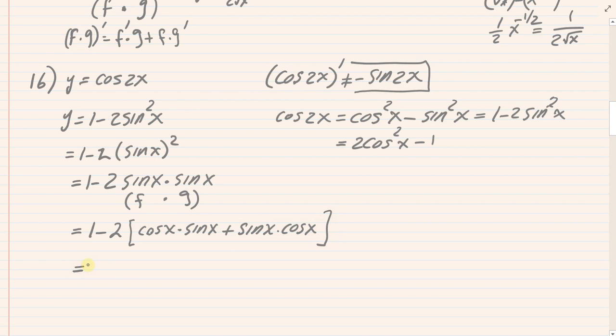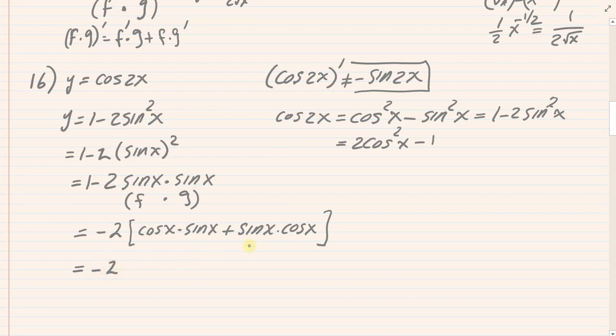And this is going to be, I took the derivative now, so this is actually going to be 0. Derivative of a constant, that's going to be 0, okay? So we got just negative 2, and again, derivative of first by second plus first times derivative of second. So this is going to be negative 2.